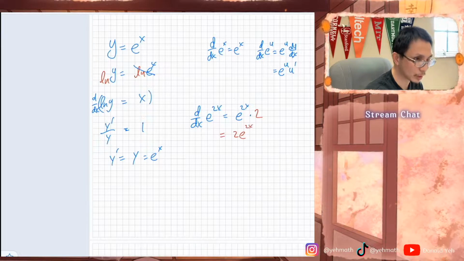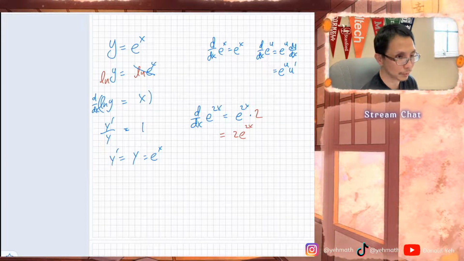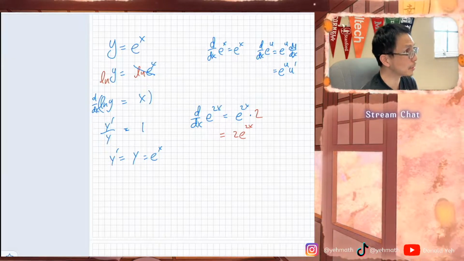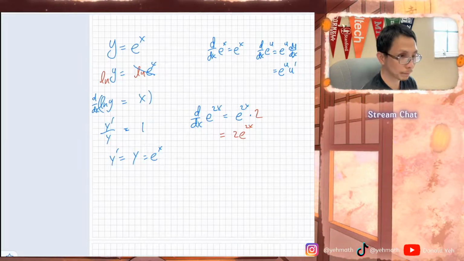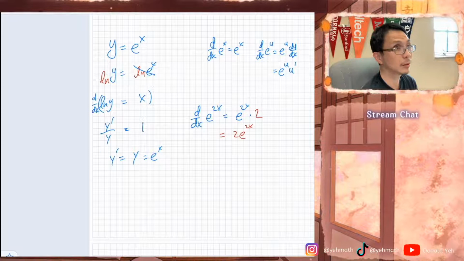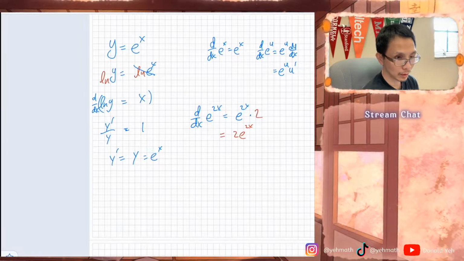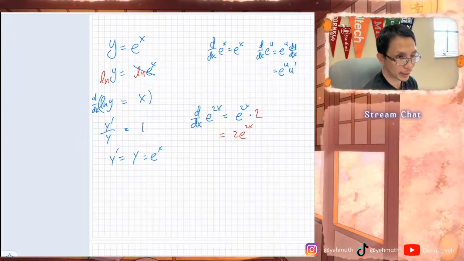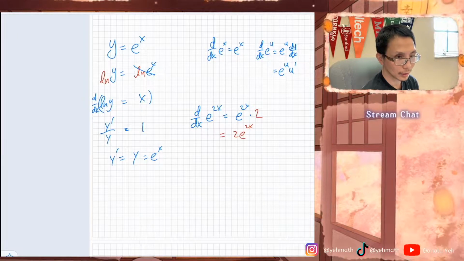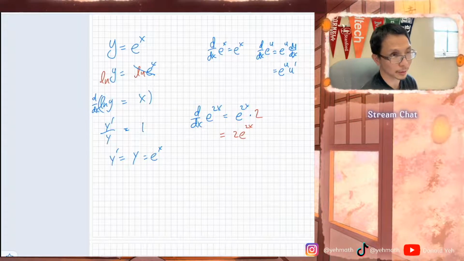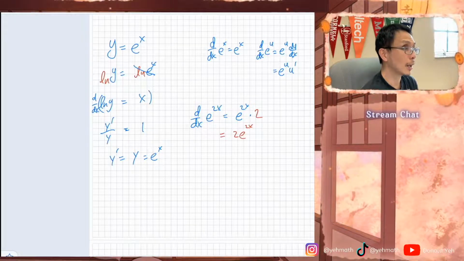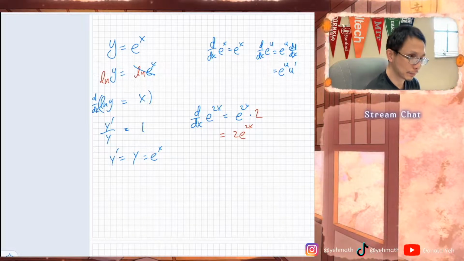The chain rule and u substitution occur everywhere, but derivatives usually deal with the chain rule. Do you keep multiplying it by 2 the more derivatives you take? Yes. Technically, after 10 derivatives it will be 2 to the 10th power times e to the 2x.